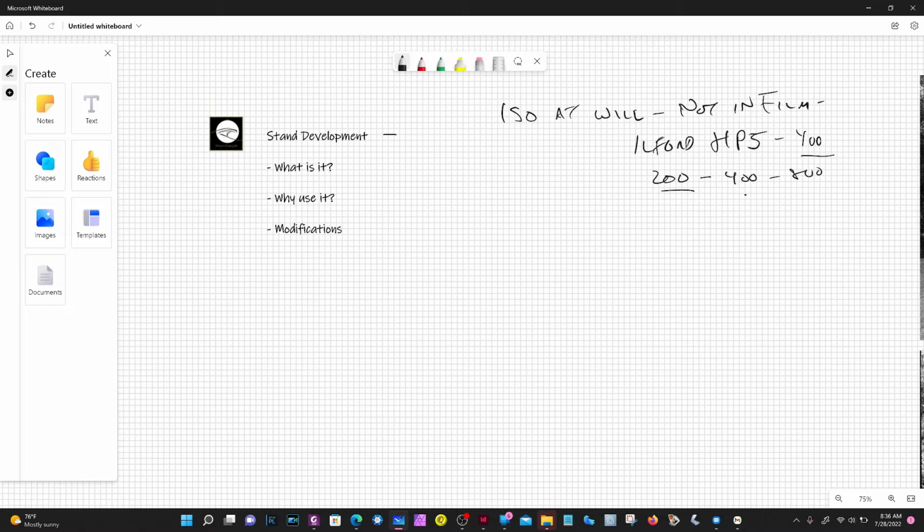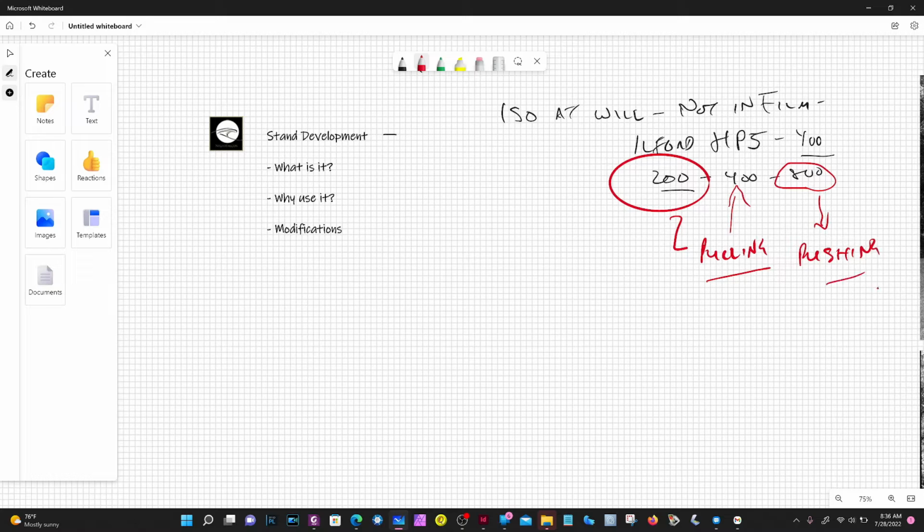Technically, if I were to take an ISO 400 film and shoot it at ISO 200, this is called pulling. I can't use the same formula that I would use for ISO 400. Raising the ISO is called pushing. And again, I can't use the same formula that I should use when the film was developed at ISO 400.